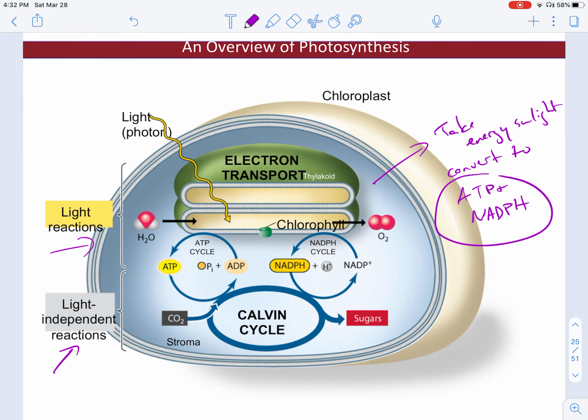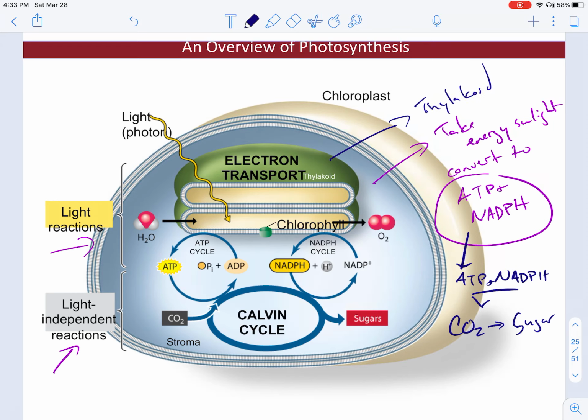And then in the dark reaction, you take the ATP and NADPH and use that energy in order to fix carbon dioxide to sugar. The light reaction occurs on the surface of the thylakoid. The light independent reaction occurs in the stroma.